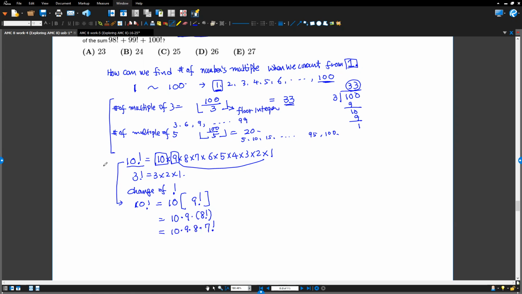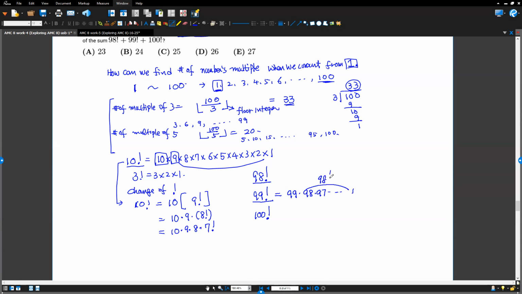Now, back to the work: 98 factorial, 99 factorial, 100 factorial. First of all, you're going to simplify. 98 is the smallest one, don't touch. 99 factorial, what is that? The next one is 98, 97, up to 1, that is 98 factorial.